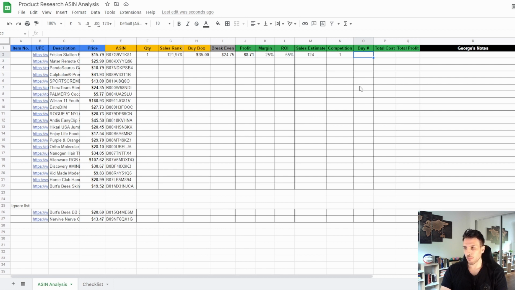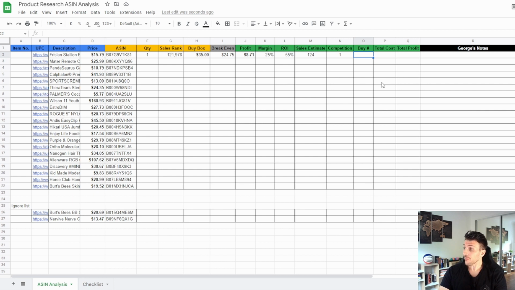But if there were 2 competitors and we jumped on it, we'd become the third seller on this listing, so we would do 124 divided by 2 plus 1, divided by 3, equals whatever it equals.